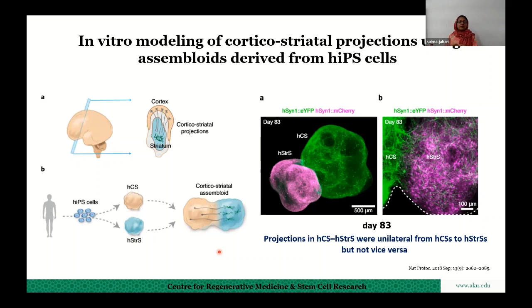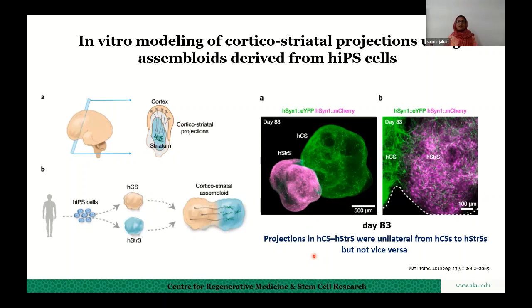After doing this, these two different types of organoids were labeled with a specific labeling, for example, here one mCherry and one YFP. And after a certain time period, you see the projection of the human cortical organoids, that these cells are actually projecting towards the other side of the organoids, not vice versa.